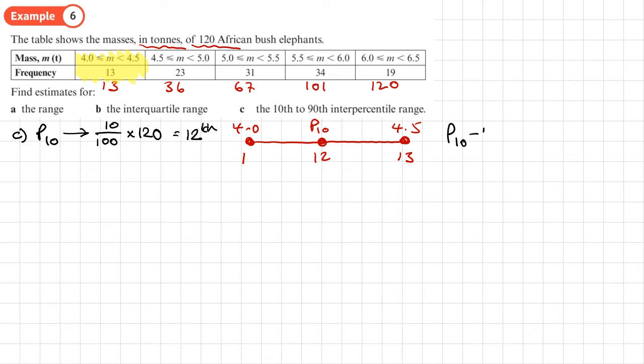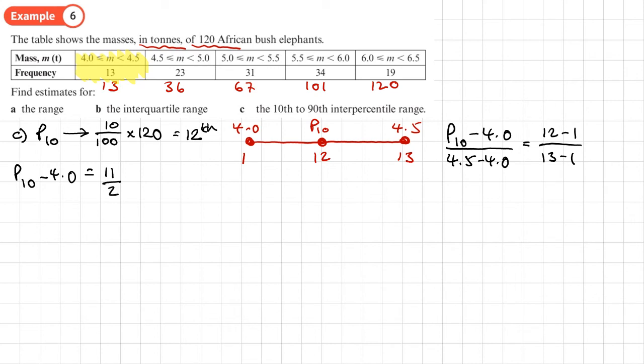P10 minus 4.0 over 4.5 minus 4.0 equals 12 minus 1 over 13 minus 1. So we have P10 minus 4.0 equals 11 over 12 here. Whoops, and I forgot to write down, this is going to be divided by 0.5. So P10 is this, 11 over 12 times 0.5 plus 4.0.